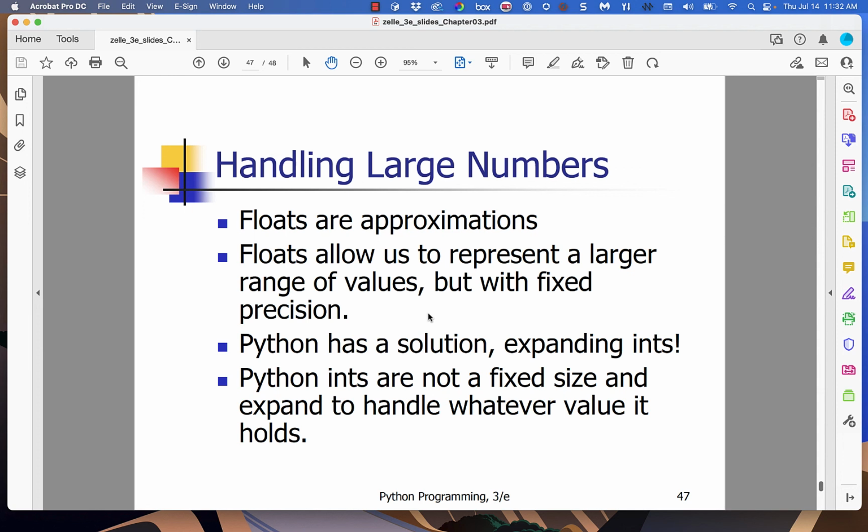Python has a solution for ints: big ints. They're very flexible, expanding ints, and the Python interpreter takes care of whether a particular value could still be done with the basic built-in math of the processor we're running on, or whether we have to start implementing some sort of algorithm to do the math, because the values can't be manipulated by the processor directly.